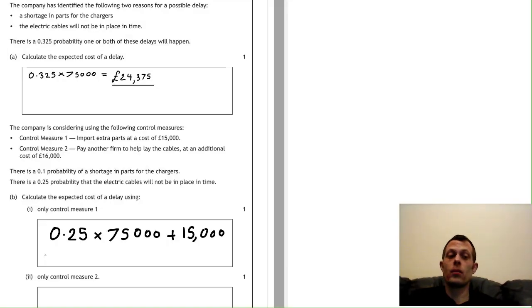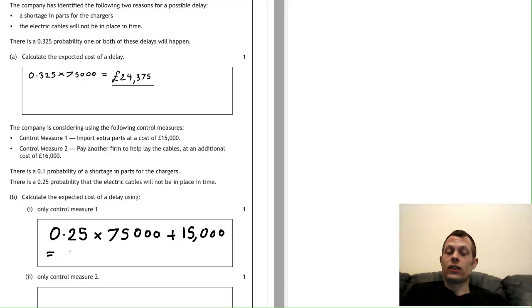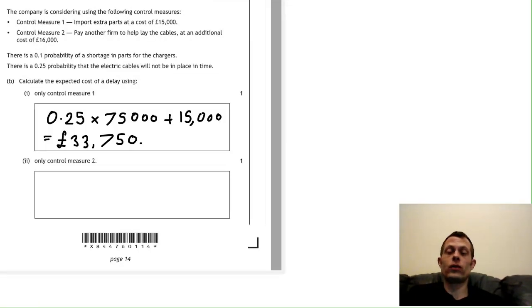Here it's both potentially money going out. One certain to happen, which is the cost of the control measures. The other may happen, which is the cost of the penalty. So if you do that calculation, you will get £33,750.